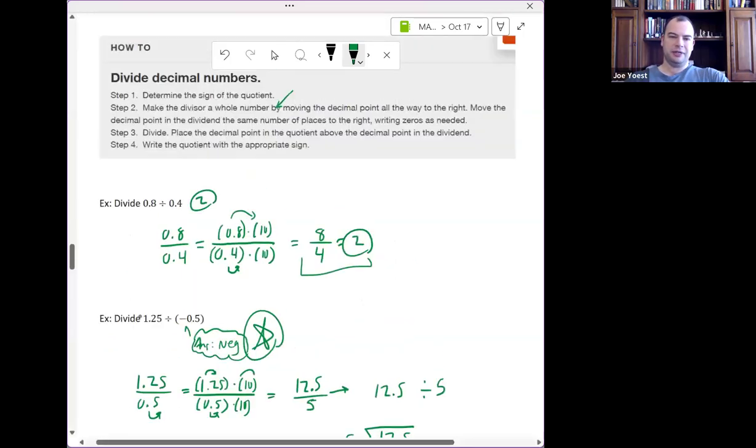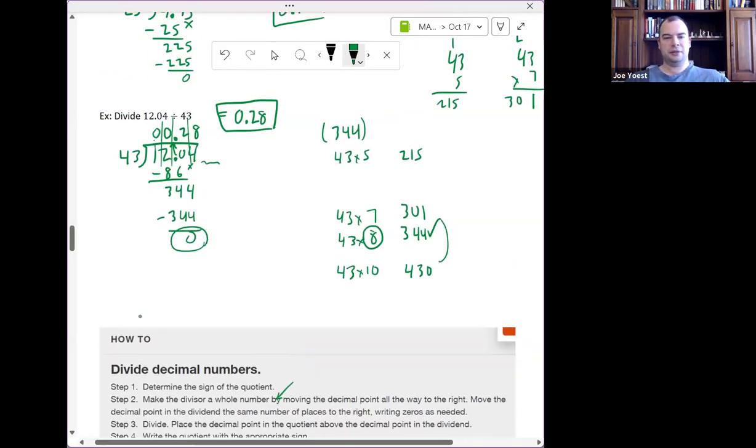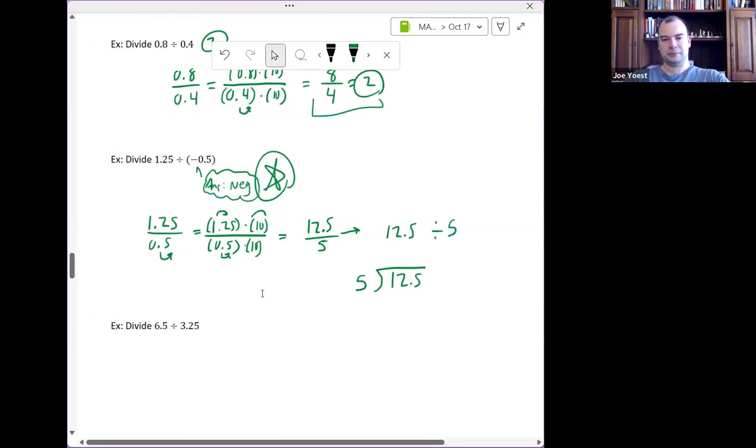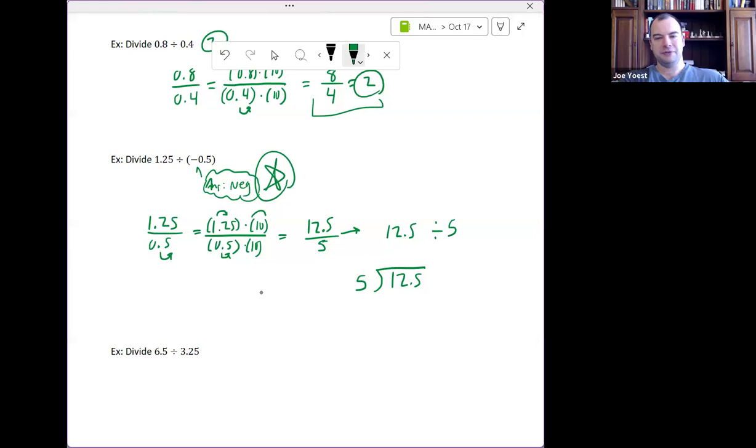Now we're back in our previous strategy where we just have division by a whole number. We do our long division. 5 goes into 1 0 times. 5 goes into 12 twice. 2 times 5 is 10. 12 minus 10 is 2.